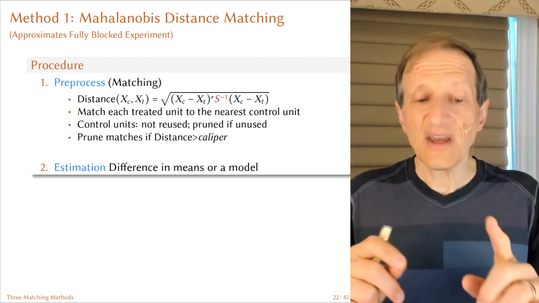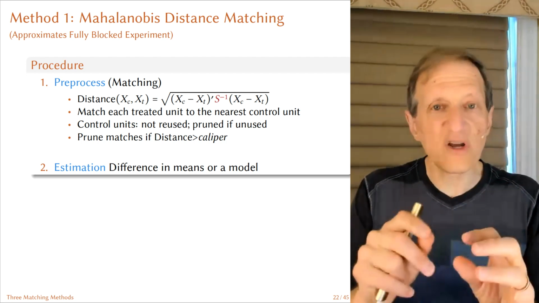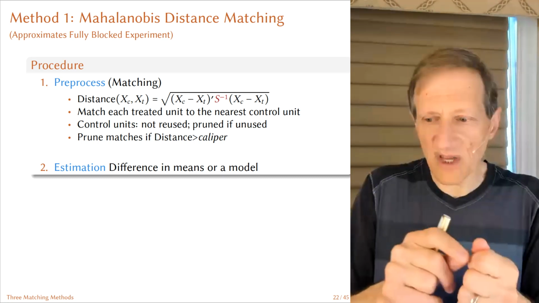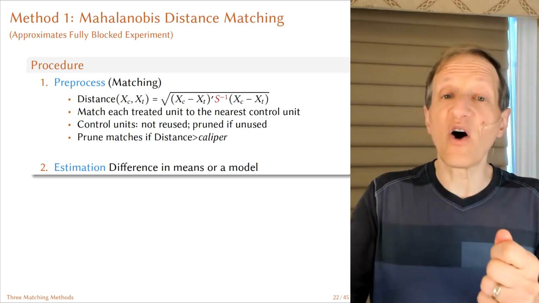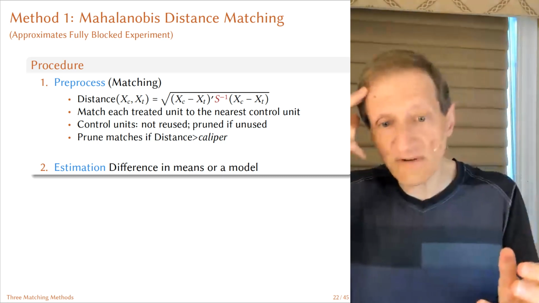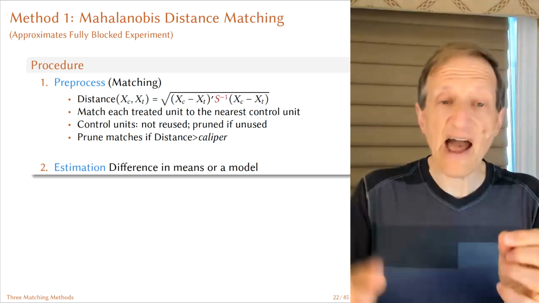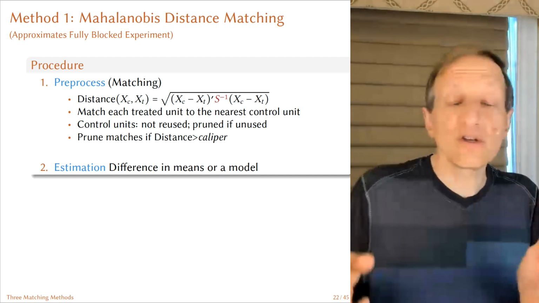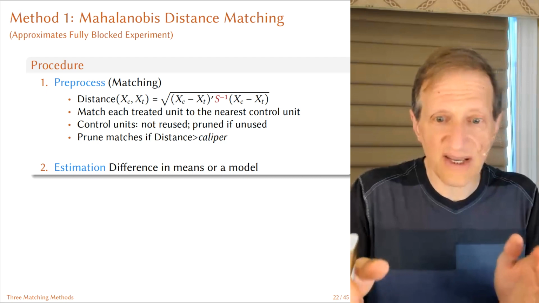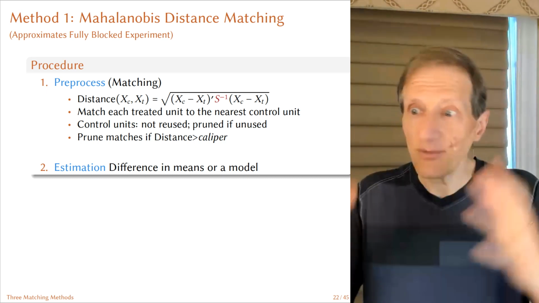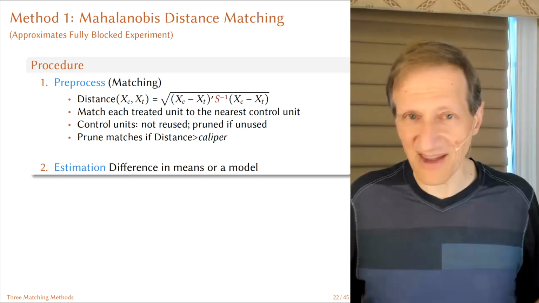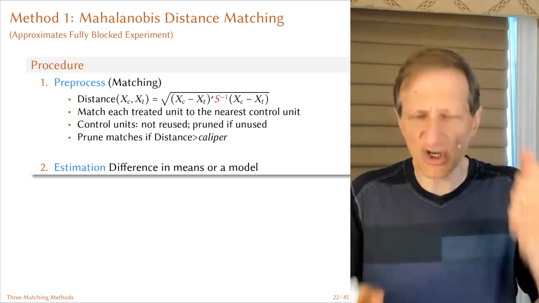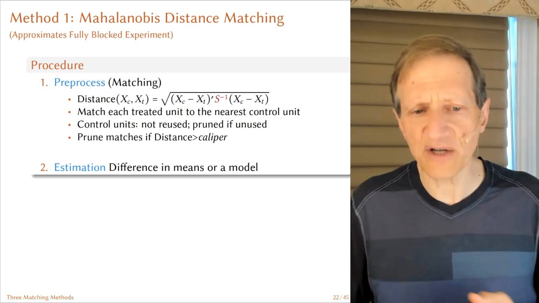In addition, we prune additional matches if the distance from the treated unit to the nearest control is too far. So we arbitrarily define a distance as a caliper, some threshold distance, and if the closest control unit is farther than the caliper, we just say matching's not really going to do anything. We're not really going to be able to make an inference here. That observation is just too far to really do much.